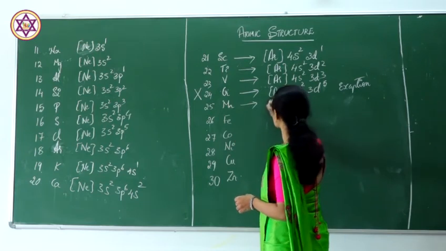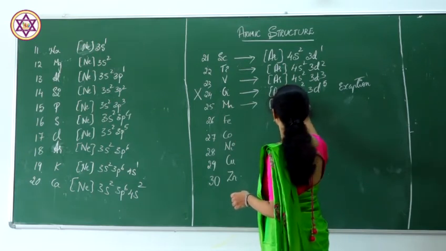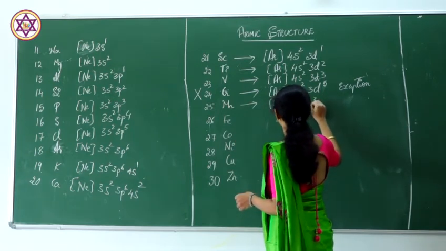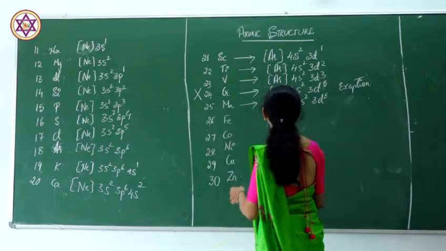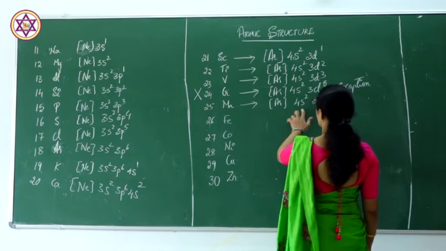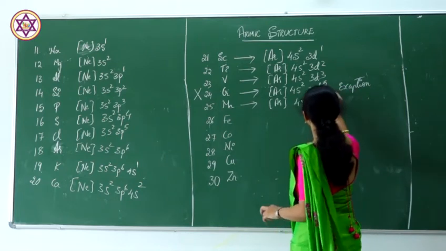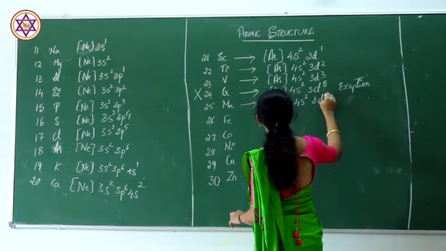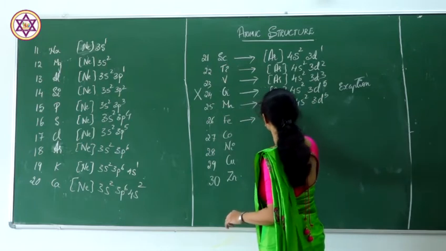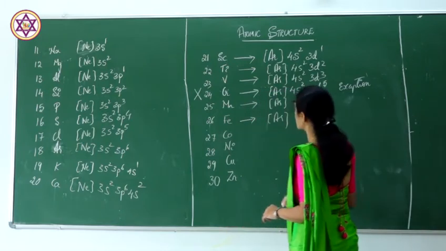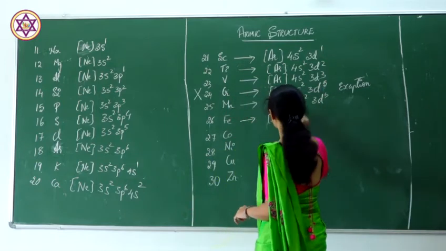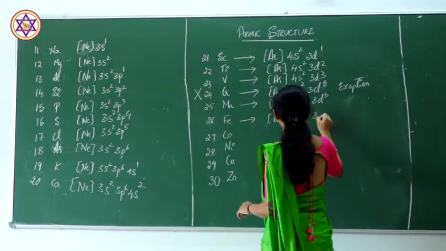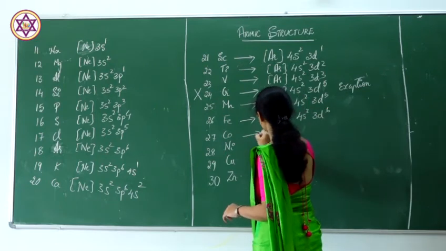And then manganese, argon, 4s2, 3d5. Then for iron, total is 26, argon, 4s2, 3d6.